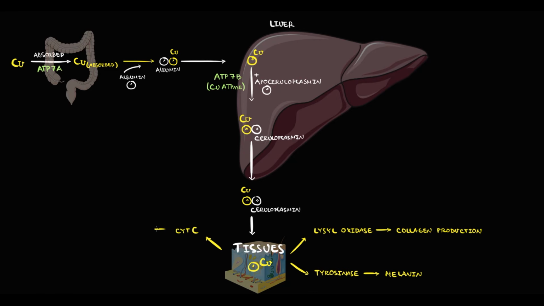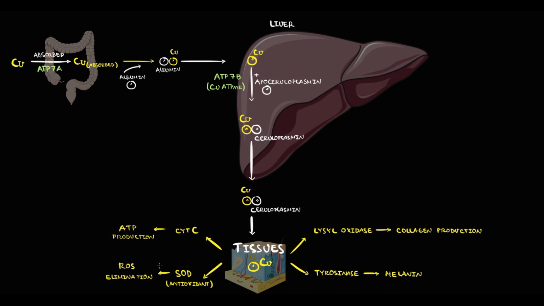Copper is an essential cofactor for cytochrome C oxidase, and we need cytochrome C oxidase to produce ATP in the electron transport chain. And last but not least, copper is a cofactor of superoxide dismutase, which is one of the major antioxidants in our organism. So we need copper for elimination of reactive oxygen species.